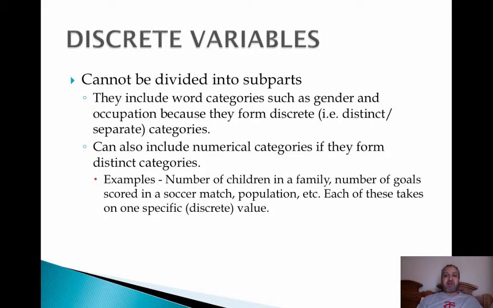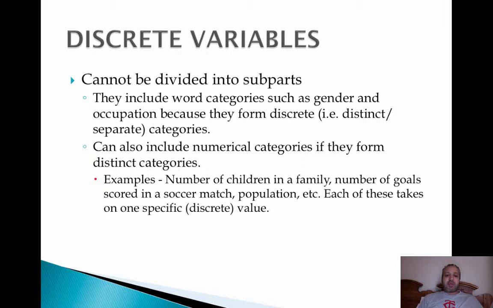We have discrete variables and continuous variables. A discrete variable cannot be divided into subparts. They include word categories such as gender and occupation because they form discrete categories, right? Genders, male, female, okay? You can't divide it into subparts.